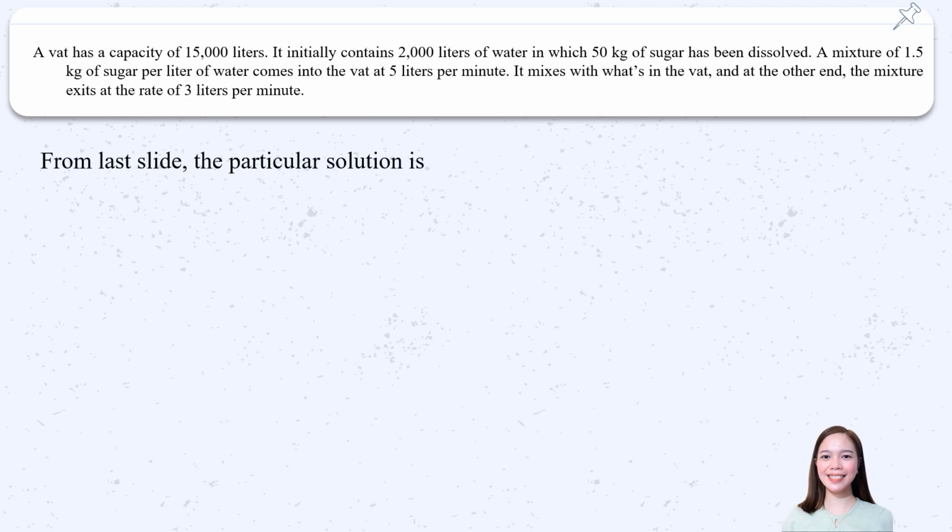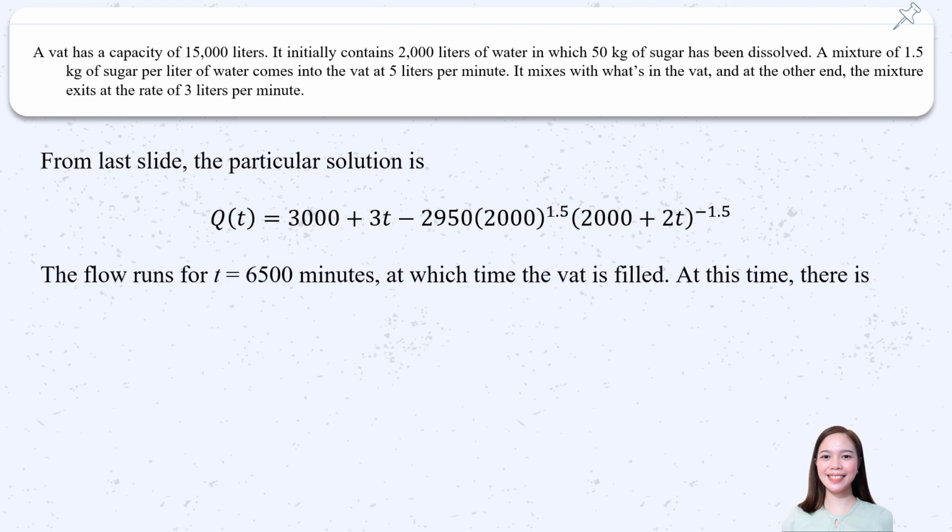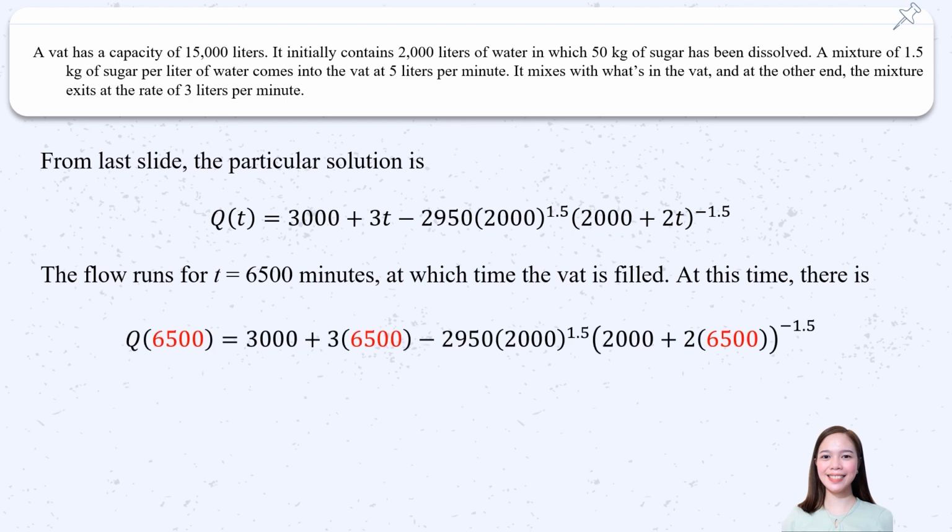Now, from the last slide, the particular solution is Q(t) is equal to 3000 + 3t minus 2950 times 2000 raised to 1.5 times (2000 + 2t) raised to negative 1.5. So the flow runs for t equal to 6,500 minutes, at which time the vat is filled. At this time, we have to substitute the value of t to 6,500.